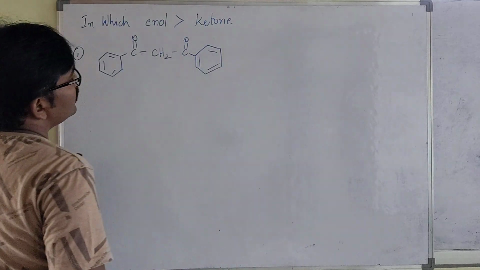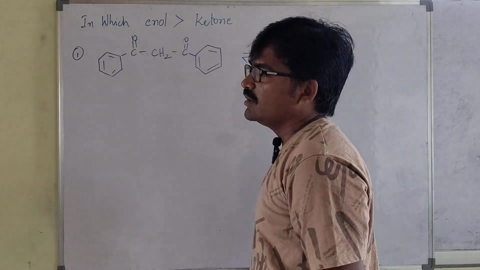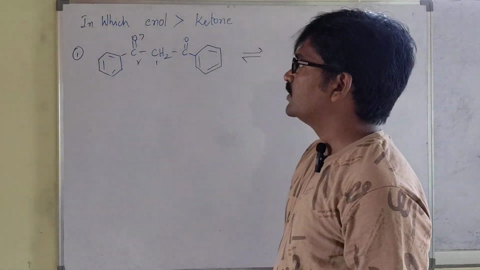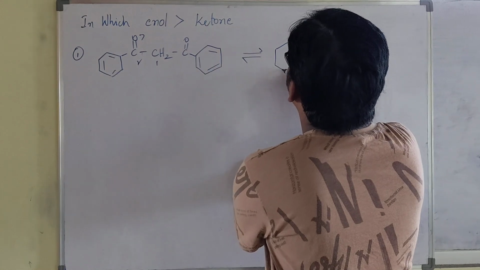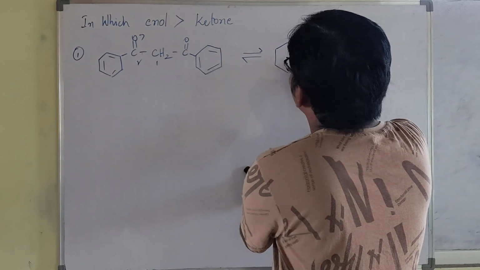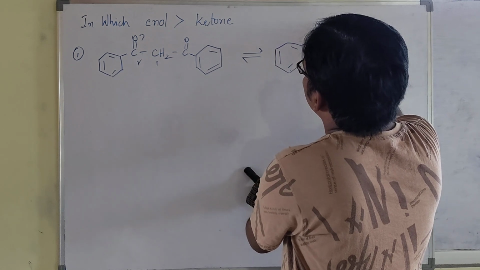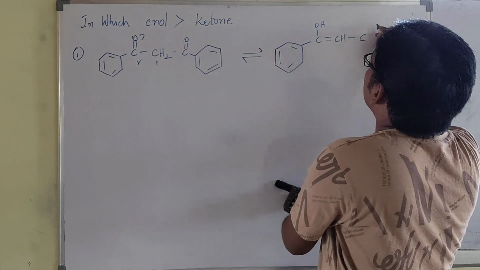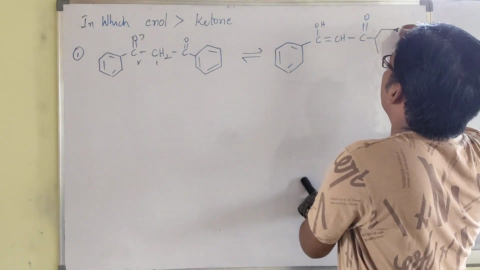Now in case of 1,3 shifting, 1,3 migration, what I told, 1, 2, 3 migration, if the hydrogen migrates there, then double bond, COH, double bond CH, bond C double bond O, then again benzene will be there.